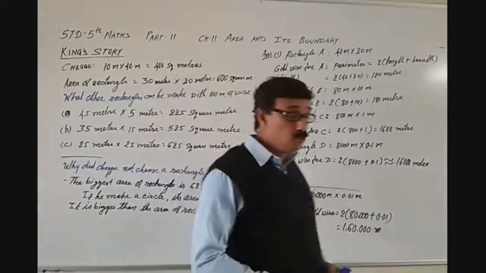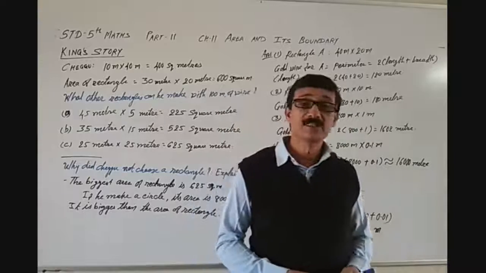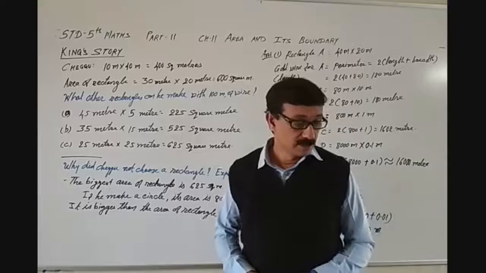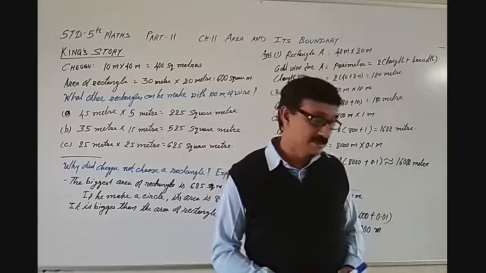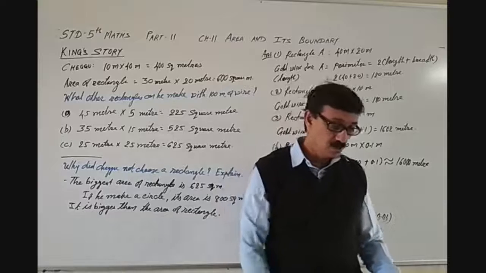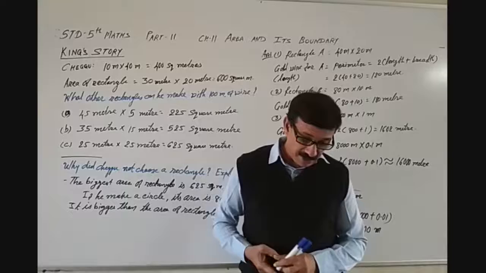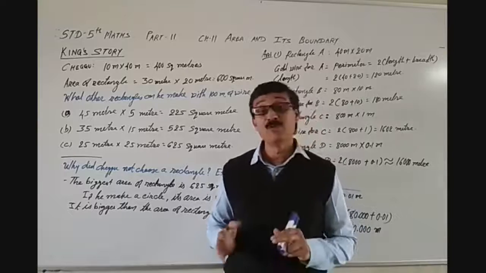Welcome students to the 11th part of the 11th chapter, Area and Its Boundary, of standard 5th mathematics. In the last part we solved the exercise on page number 156, Save the Birds.